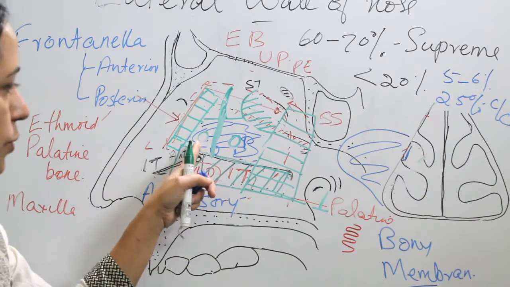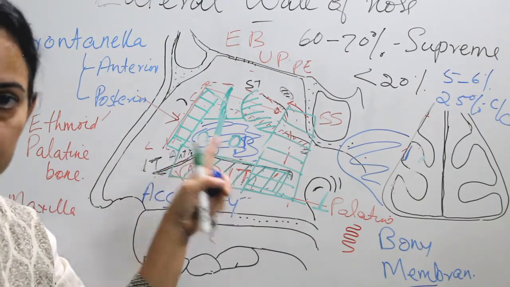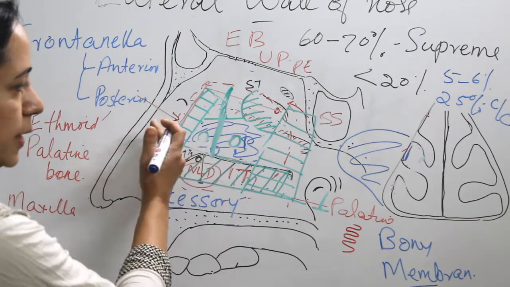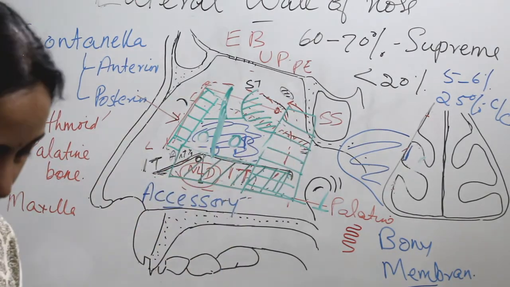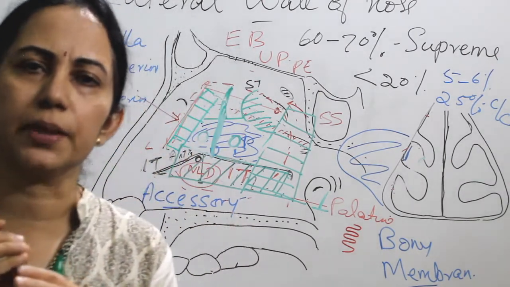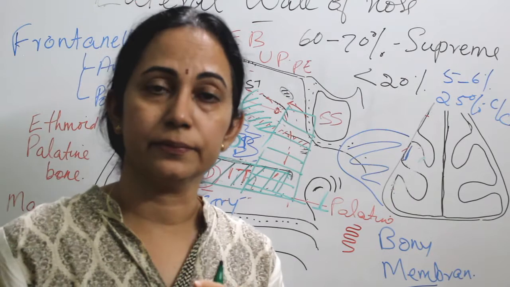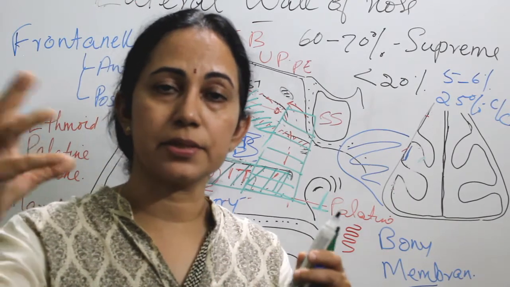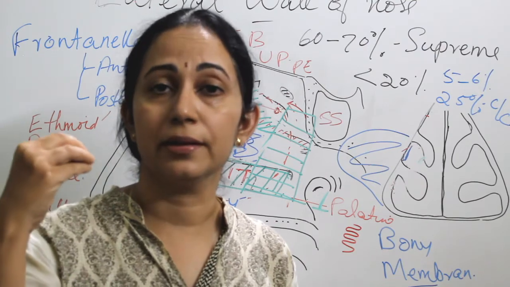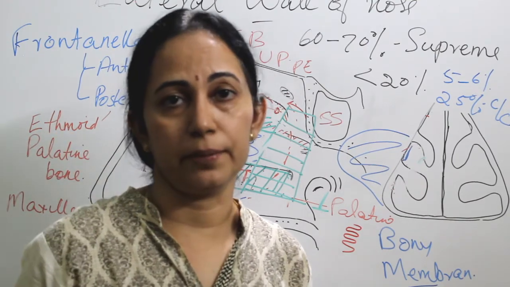Okay, so they are the parts of the membranous area in the middle meatus, which is anterior and posterior to the uncinate process. Okay, and you know that when there is an infection in the middle ear, the infection comes and then it bursts the tympanic membrane. That is how we get a perforation of the tympanic membrane.